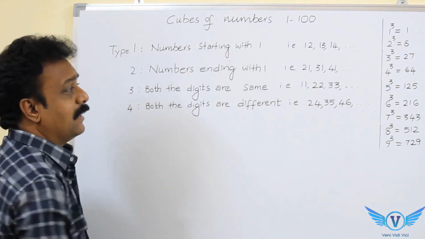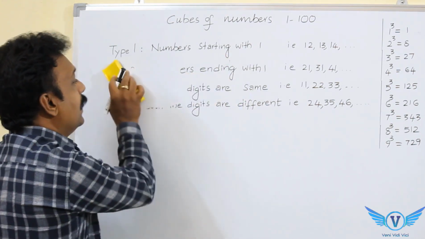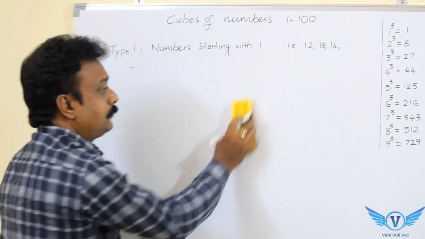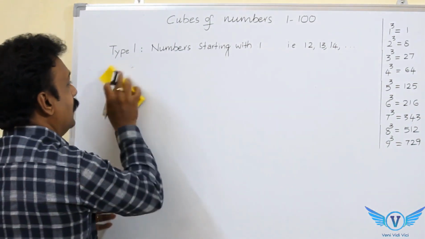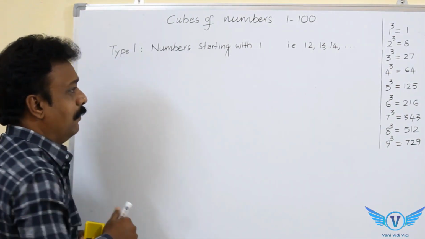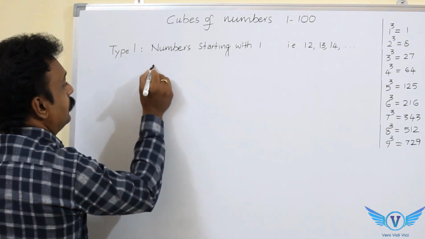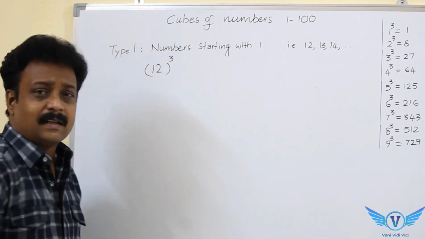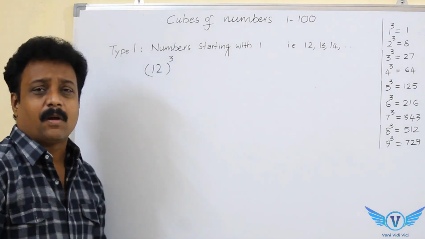Numbers starting with 1. Let us find the cube of 12. 12 cube. Listen carefully, it is a very easy process.